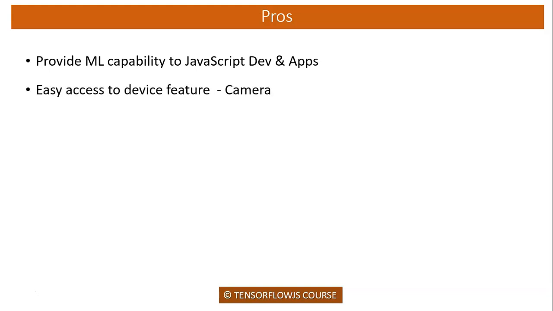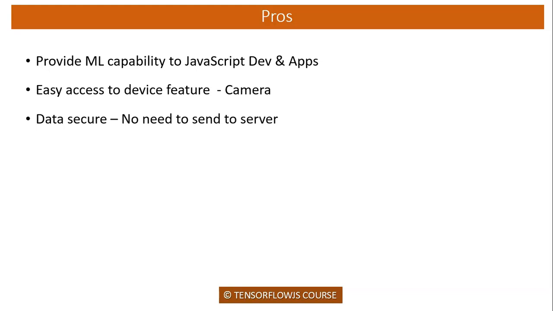Now, as we are running this computation inside the browser, we have easy access to different device features like the camera, because we may want to access images or video from the camera.